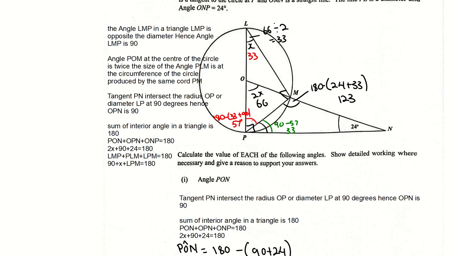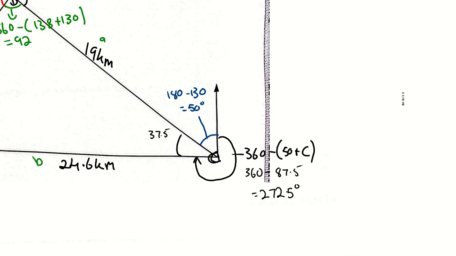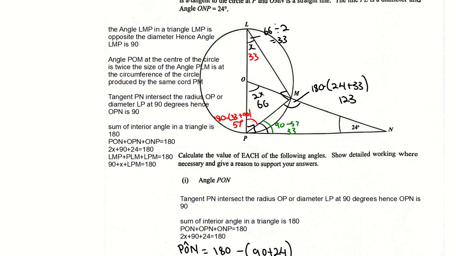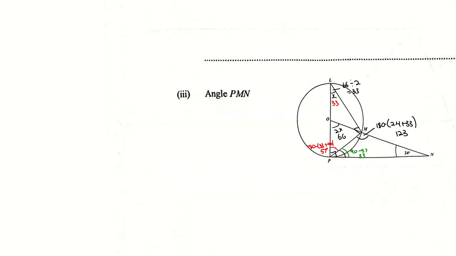So PMN, that's this angle, you would have to say that PMN is equal to 180 subtract MNP plus MPN.